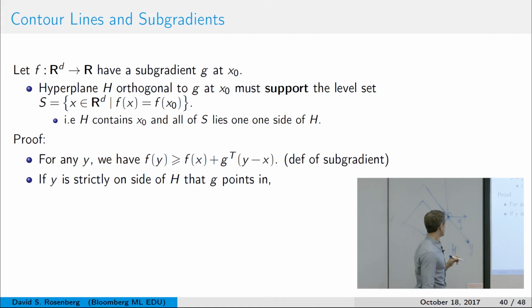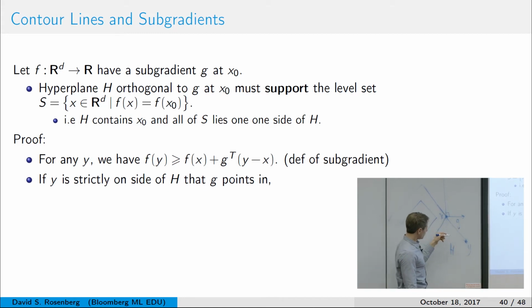And now we're taking an inner product between g and y minus x0. So what's special about y being on this side versus on this side of h, as far as the inner product is concerned? Yeah, exactly. If y is strictly on this side of h, the inner product is positive. If it's strictly on this side, it's negative.